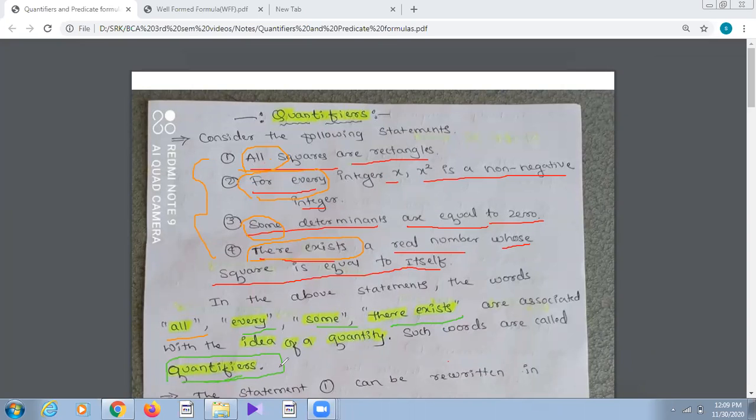Any doubt? Understand or not? Quantifier is a very important concept. All, for every, some, there exists at least one: these words and phrases tell about the quantity of a particular idea or particular things, so they are called quantifiers.